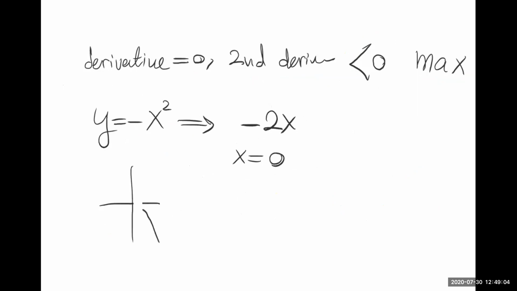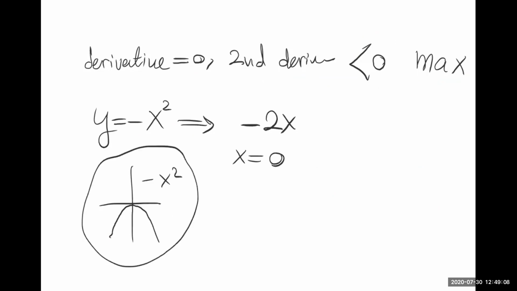Minus x squared looks like this. When x is 0 here, the derivative would be 0, as you can see. The second derivative, if we take the derivative one more time, would be minus 2. It's negative. That would tell us we would have a max.